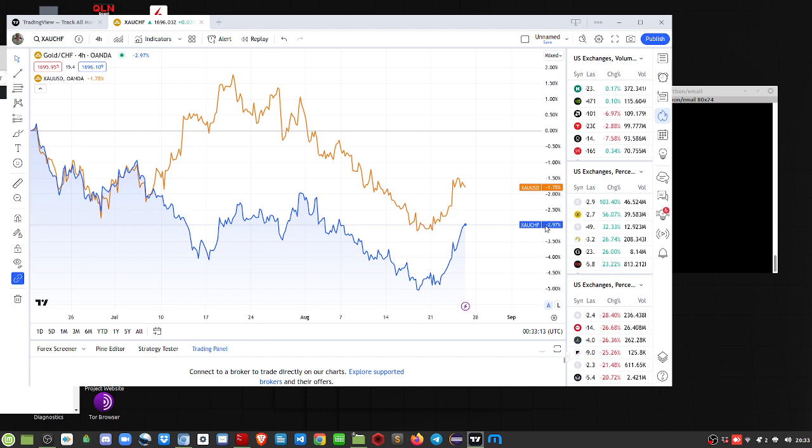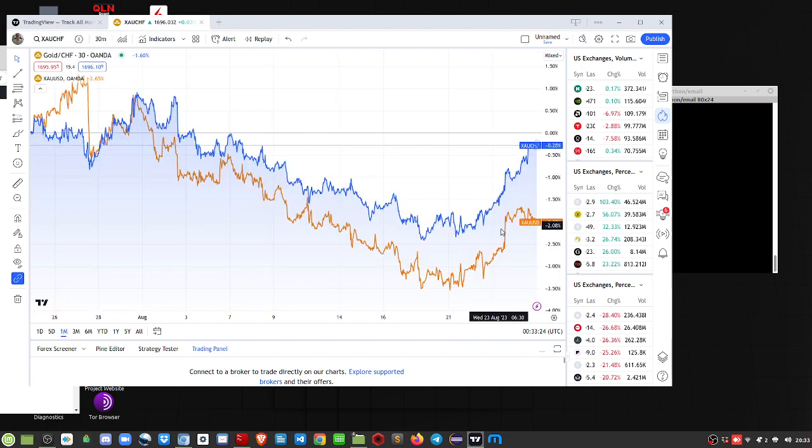In this case, gold in Swiss franc is a big loser since, well, let's say we do a monthly view of it. Yeah, you can see here that gold, just in the last month, that in the Swiss franc it would have given you a one less loss than US dollar. Doesn't mean it's the best to hold in, but just to give you an idea.